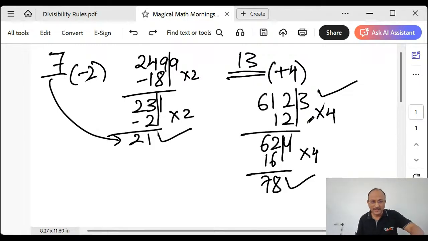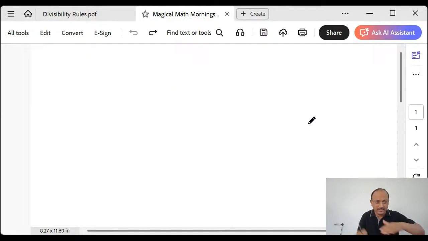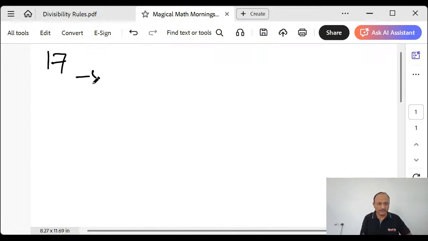Okay? Let's see what is the trick for 17. If I write minus 5, you should understand by this time. Correct? Minus 5 means what? Last digit you multiply by 5 and then subtract that from the remaining number.